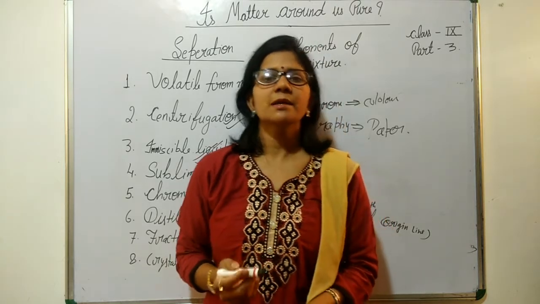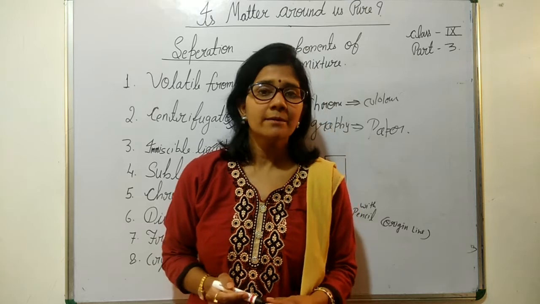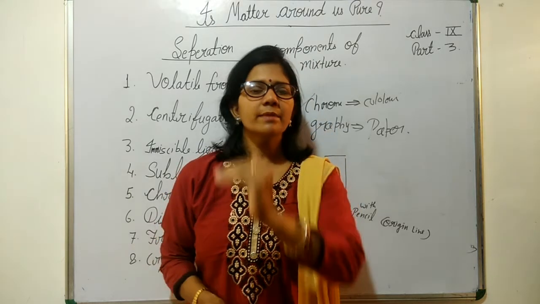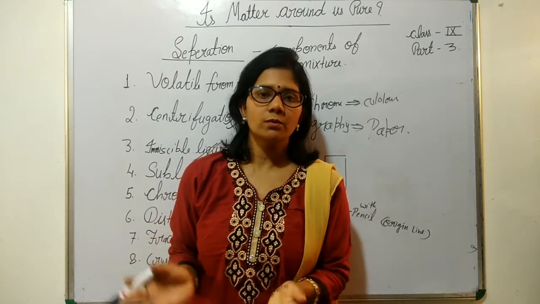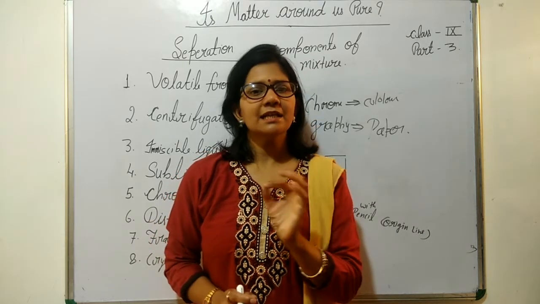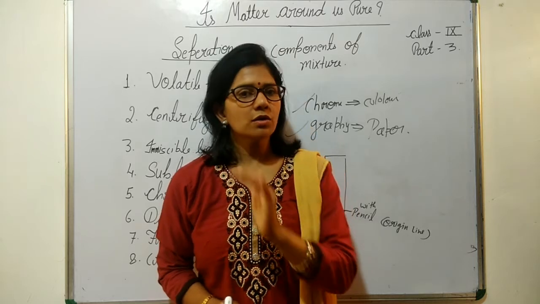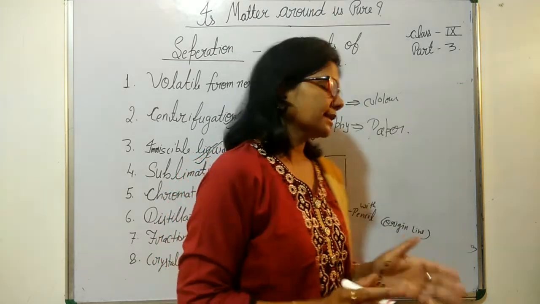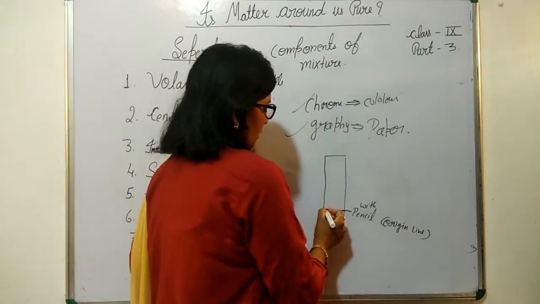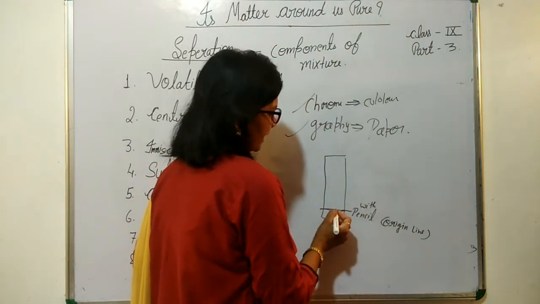When we use a pen, sketch pen or marker, it may be soluble in various liquids, either water, alcohol, whatever, but the pencil will remain as it is. So our origin line will remain as it is without being disturbed.